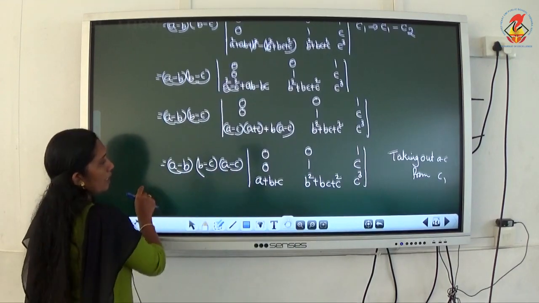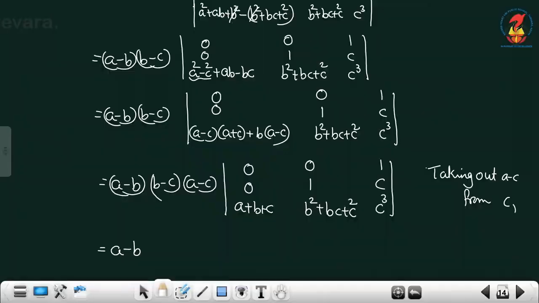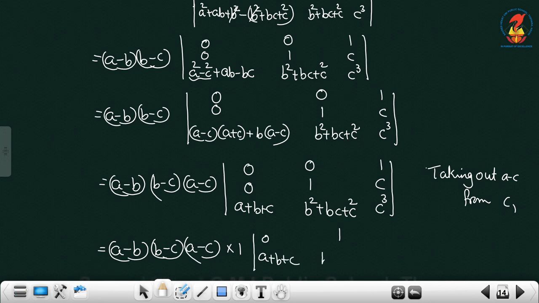Now we can expand. A minus b, b minus c, a minus c. Now we expand along R1. So 1 into the determinant, delete the row and column, 0, 1, 0, 1, here a plus b plus c.